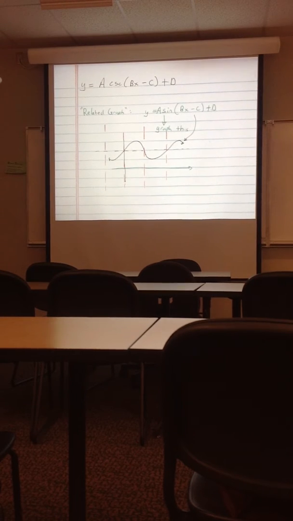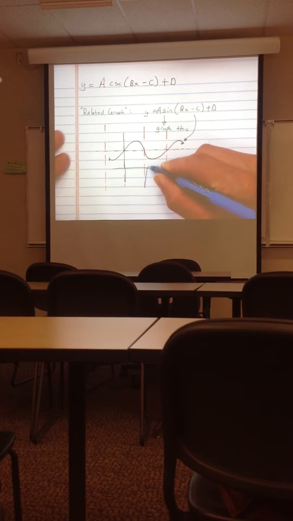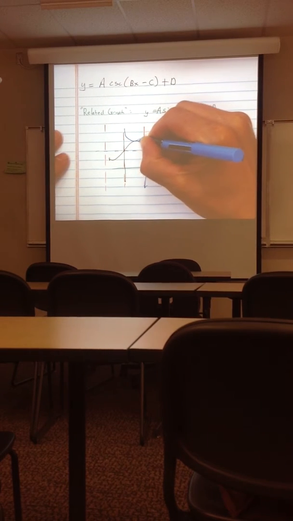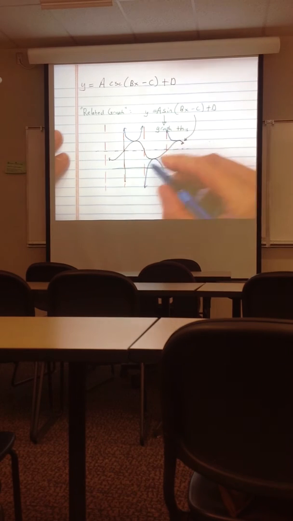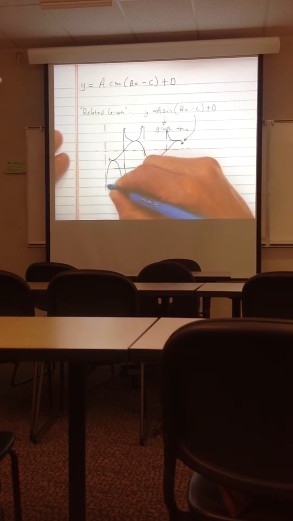So we'll talk about these things later. And then you just fill in between those with either U's or upside down U's. In this case, they alternate. And this graph I'm making in light blue is our cosecant graph.